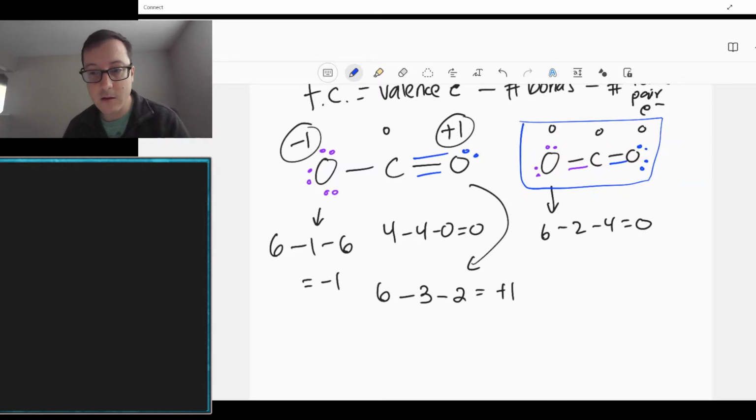A positive one means you have too few electrons, so the atom would prefer to have more or less. These formal charges are very important for us to analyze when we're looking at Lewis structures to see if we've got the correct one. Sometimes formal charges are unavoidable, which is why we have things like carbonate. Here, let's do that. Let's do carbonate.